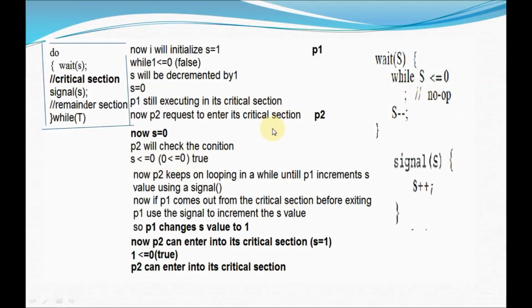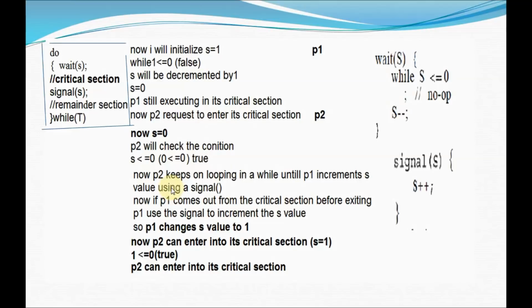So P2 keeps on looping in the while. It can't enter into its critical section. P2 should wait until P1 finishes its critical section.